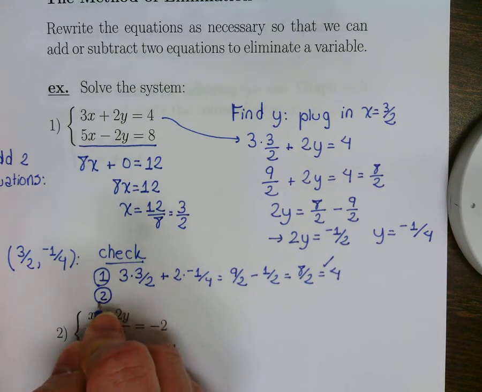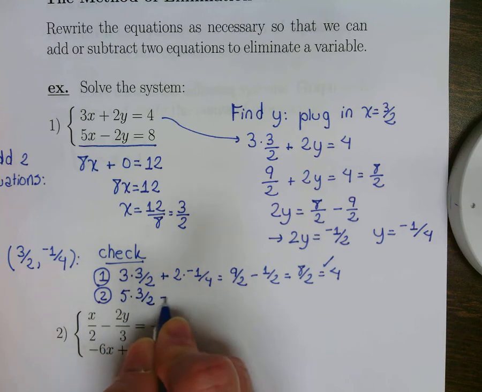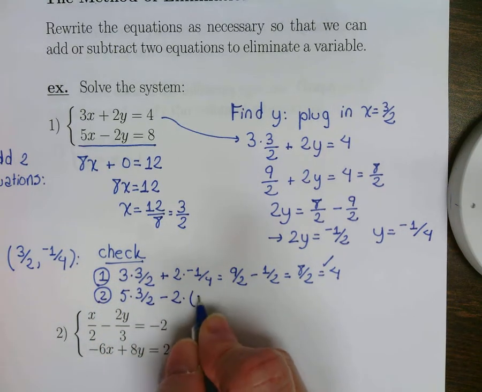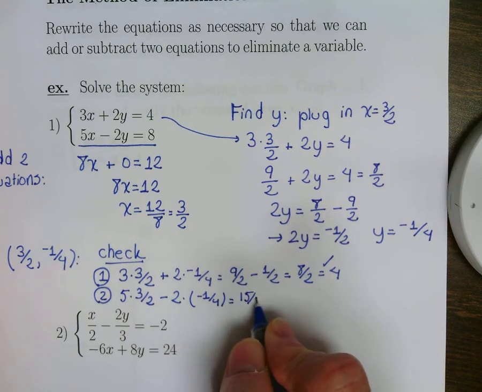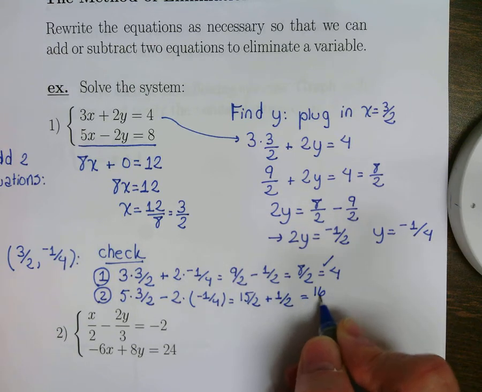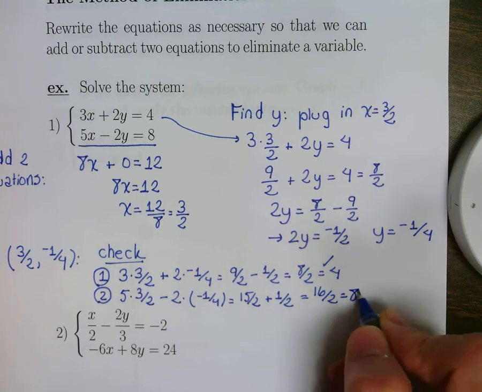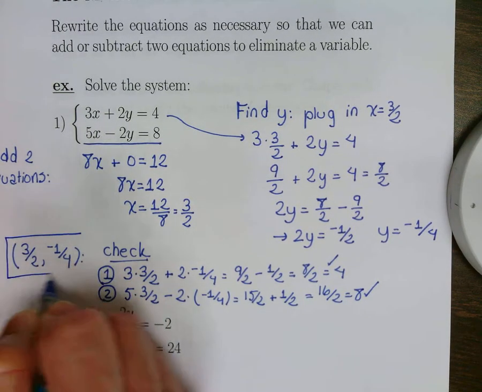What about the second equation? Okay, so 5 times 3/2 minus 2 times negative 1/4 is 15/2 plus 1/2, which is 16/2, which is equal to 8. And so it checks in both equations, and so that is our solution.